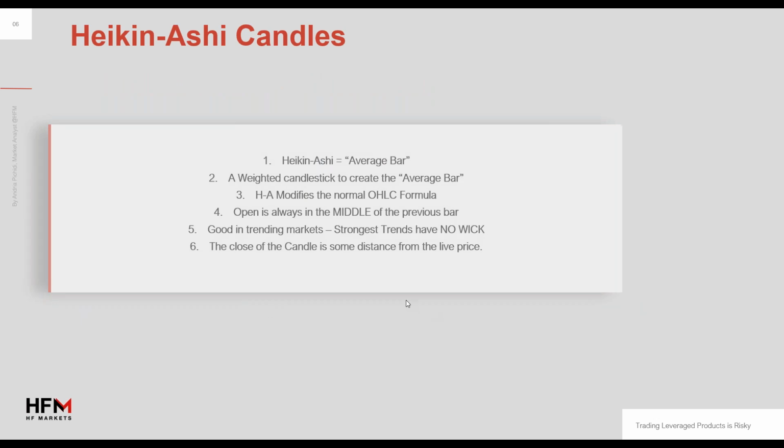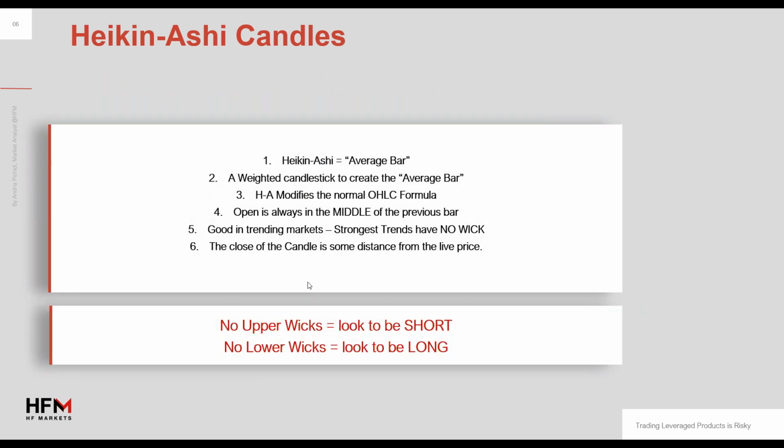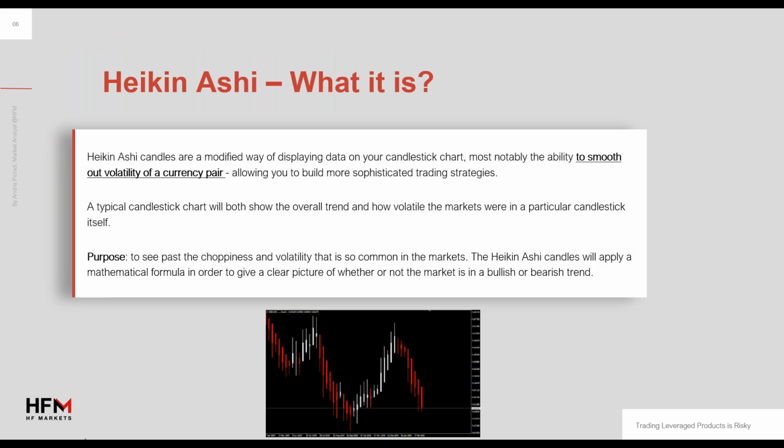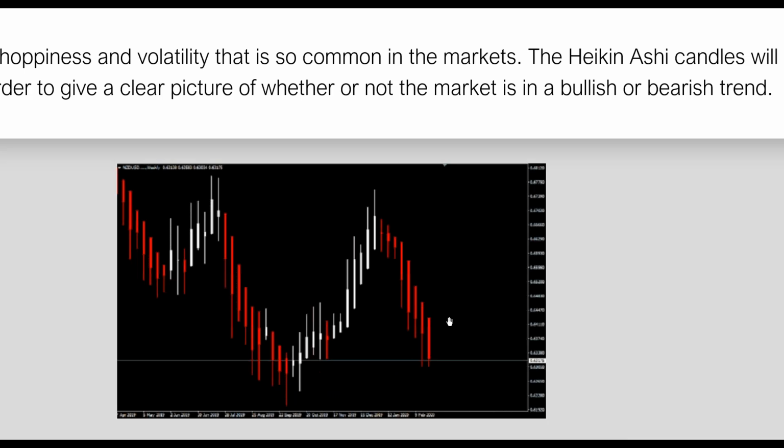As I said earlier, the open price used in a Heikin Ashi candle is based on the average of the open and close. Let me zoom in a bit. Here you go.